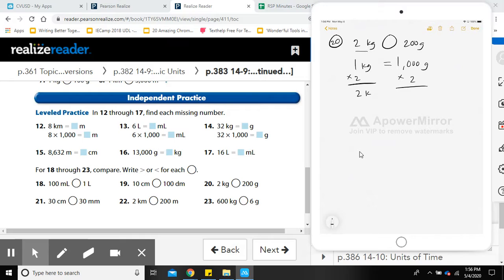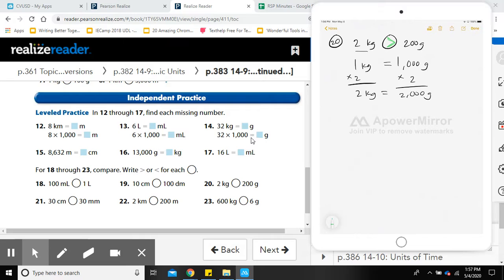So because I times 2 to this side, I have times 2 to this side. And that gives us 2,000 grams. So 2 kilograms is equal to 2,000 grams. Now if I look up here, 200 is way less than 2,000, right? So that means that 2 kilograms is greater than 200 grams.